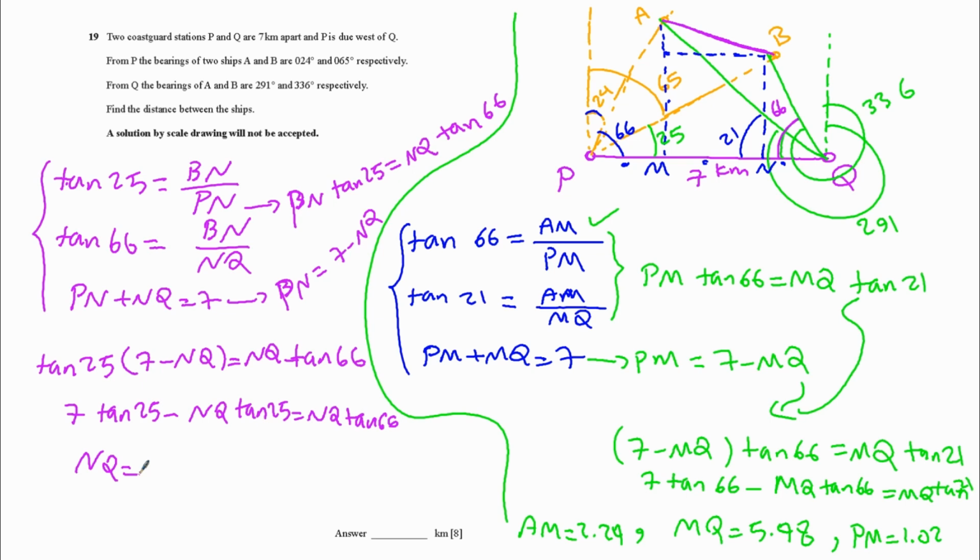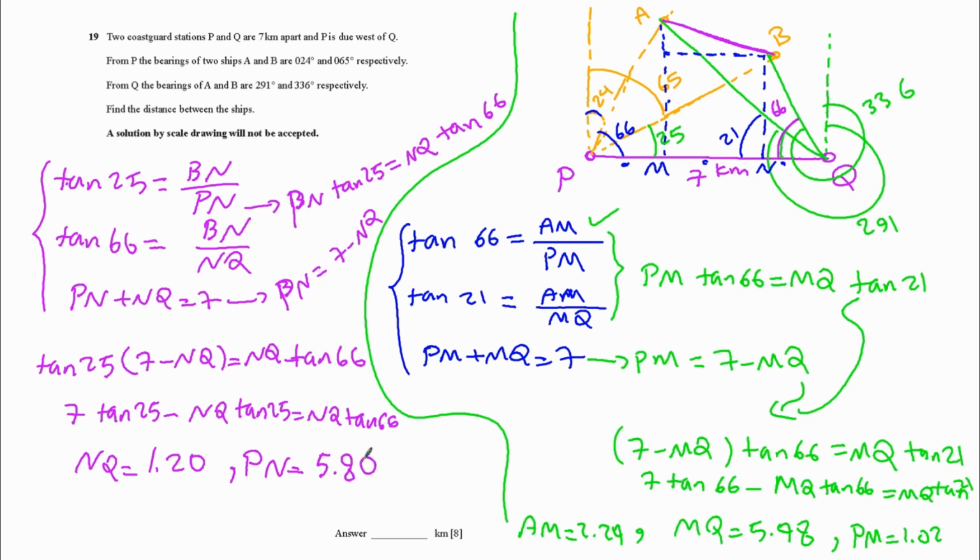And from there, if Nq is 1.20, Pn would be 7 minus that, so Pn would be equal to 7 minus this, which would be 5.80. And then I can also put these into one of the equations at the top and find out what Bn is.